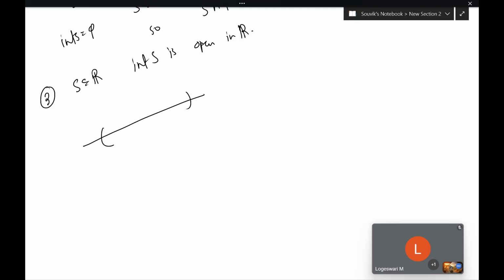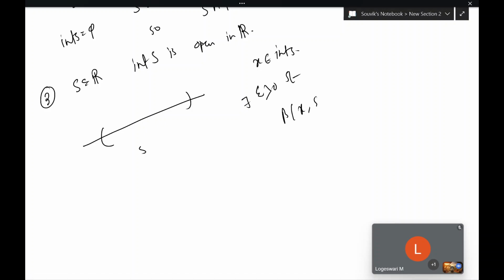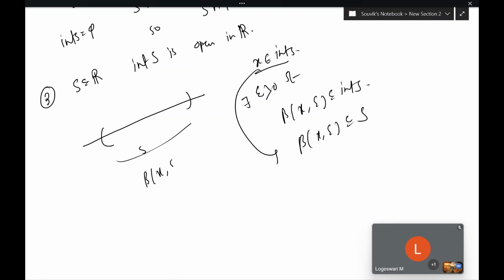Suppose x belongs to the interior of S. We need to find an epsilon greater than 0 such that B(x, epsilon) is a subset of the interior of S. Since x belongs to the interior of S, B(x, epsilon) is a subset of S. Now obviously this B(x, epsilon) is a subset of the interior of S, because B(x, epsilon) is actually open, so it lies inside the interior. That's why the interior of any set is an open set. So now there is another question.